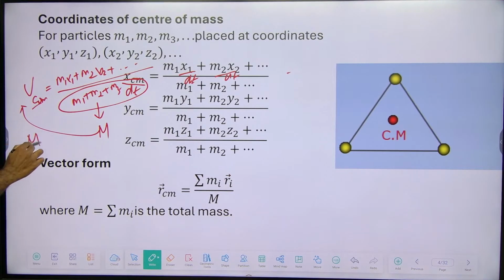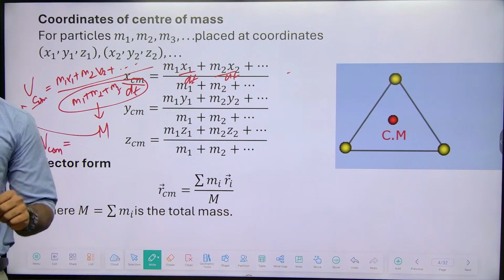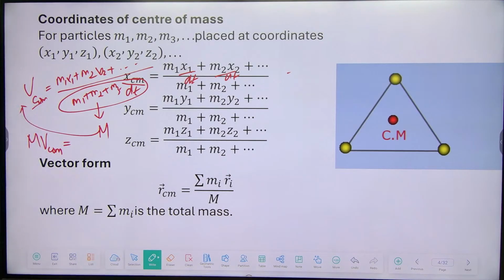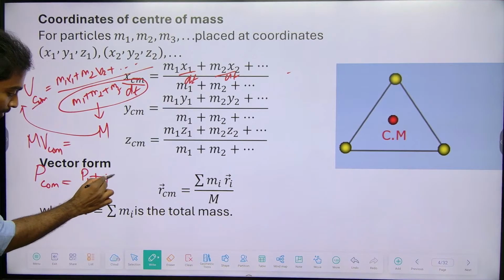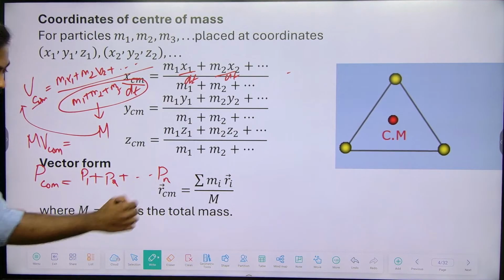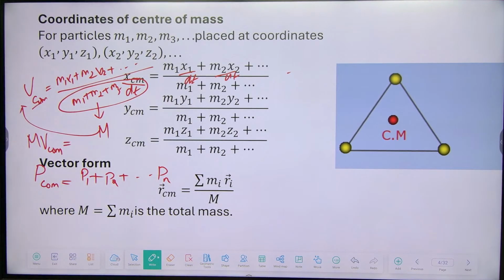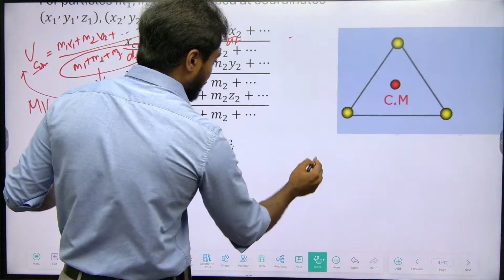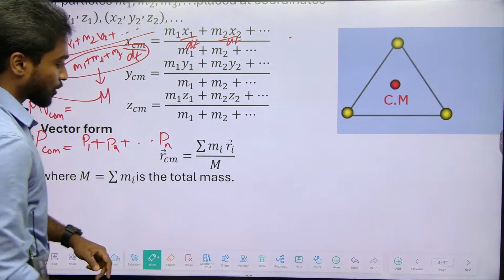So mass into velocity of the center of mass should be equal to m1 v1 plus m2 v2 up to mn vn. What is the momentum formula? So can I say the momentum of the center of mass should be equal to p1 plus p2 and so on.